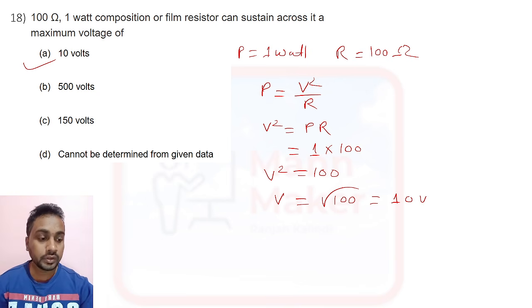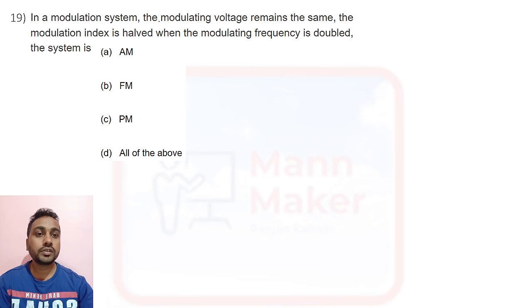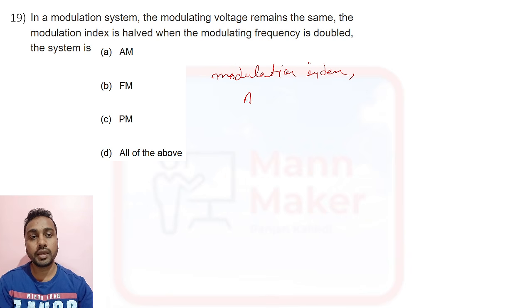Okay. Now, in a modulation system, the modulating voltage remains the same. The modulation index is half when the modulating frequency is doubled in the system. So, if you see the modulation index of an AM signal, that will be denoted by mu.